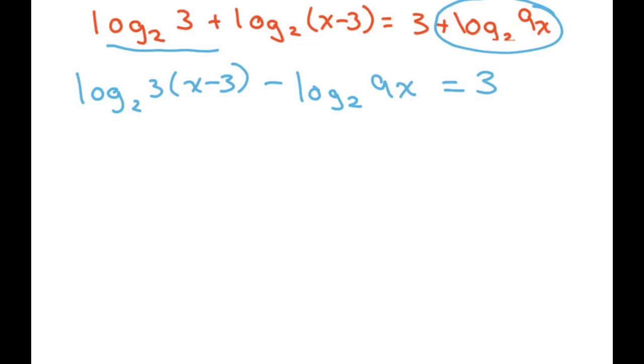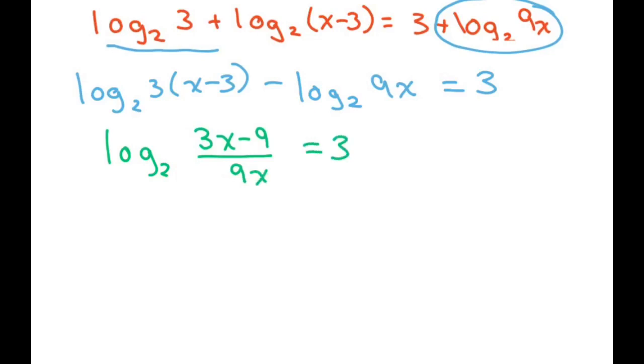Now I'm going to go ahead and condense this. It's a quotient property here. So when I write that, I'm going to get log base 2, I'll go ahead and distribute, 3x minus 9 over 9x equals 3.